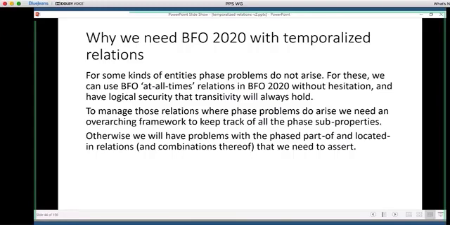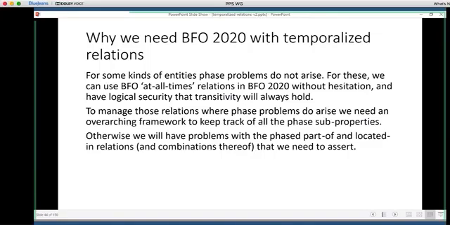We provide them in BFO 2020 just in order to make the users of BFO 2020 aware that they are dealing with at all times relations. And in some circumstances, they may want to deal with at sometimes relations. And that facility comes free along for the ride.